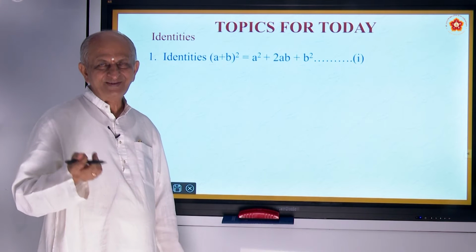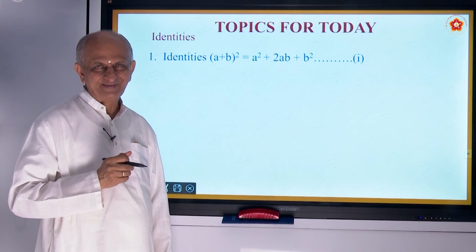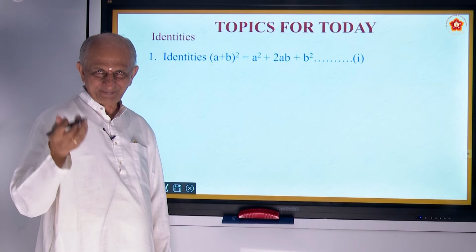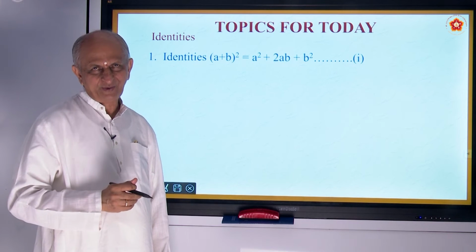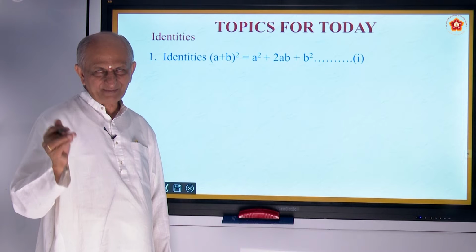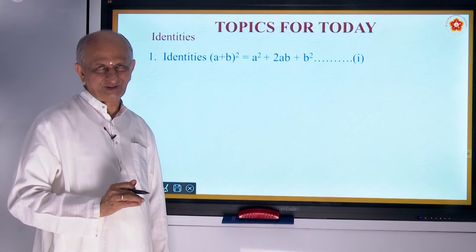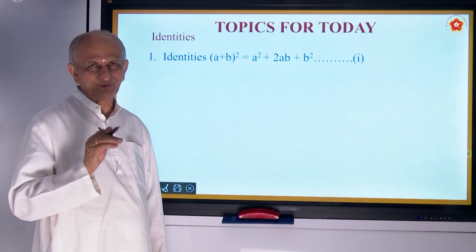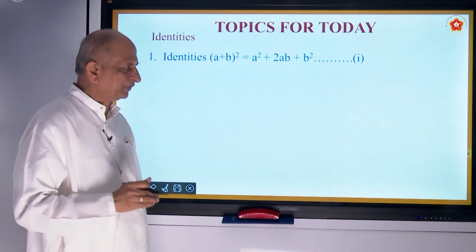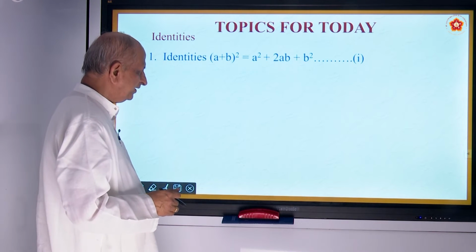Come on, what is x plus y whole square? X squared plus 2xy plus y square. What is m plus n whole square? M squared plus 2mn plus n square. Understood? What is p plus q whole square? P squared plus 2pq plus q square. That is the first identity.